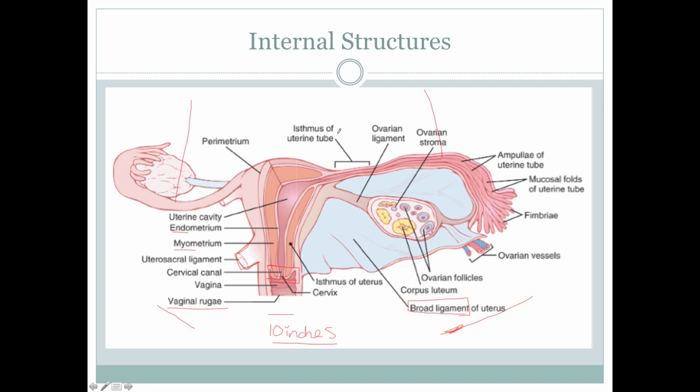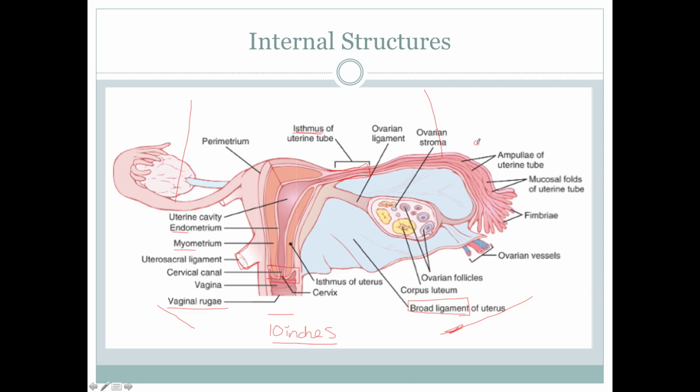Okay, so this is a term we see a lot, the isthmus. We saw this term in the thyroid, and we said the isthmus was this connecting stalk. So the connector right here, this connecting stalk of the fallopian tube to the uterus, is called the isthmus. And then we have this nice long fallopian tube, and when you look at the lumen, it's really, really tiny.